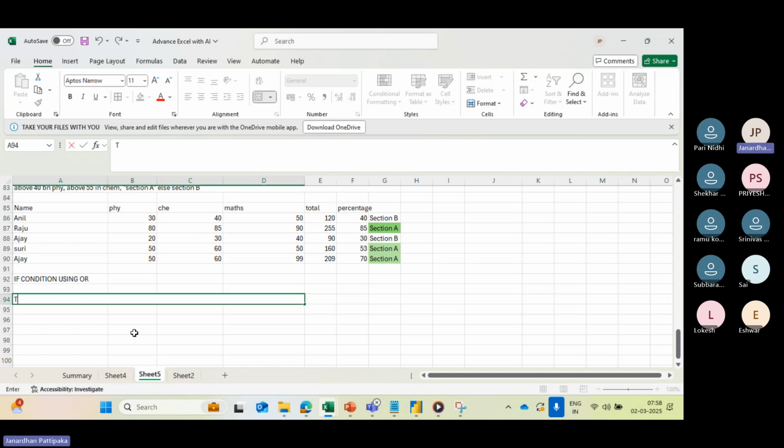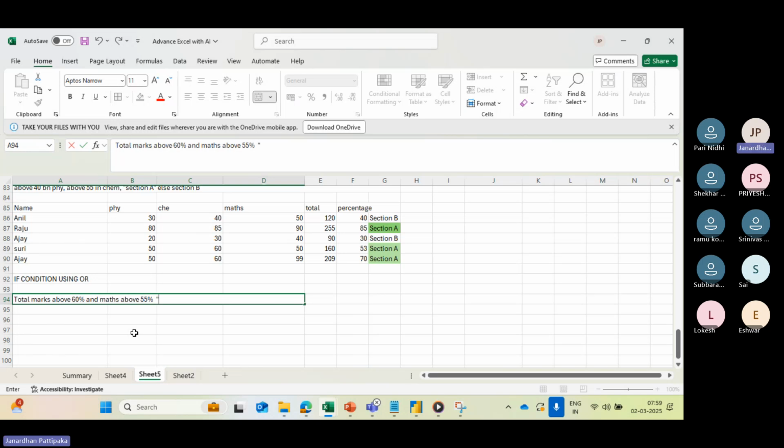I am mentioning the total marks as, suppose, above 60%, and maths above 55%.